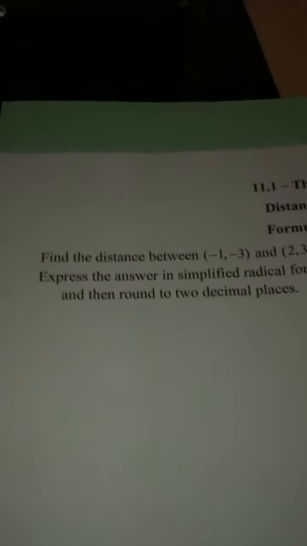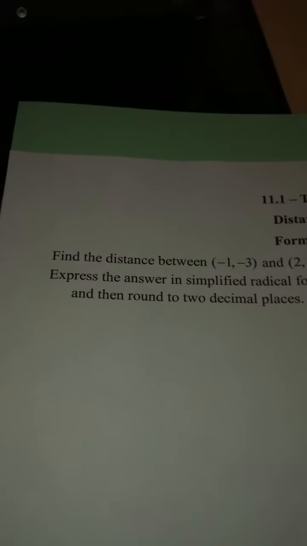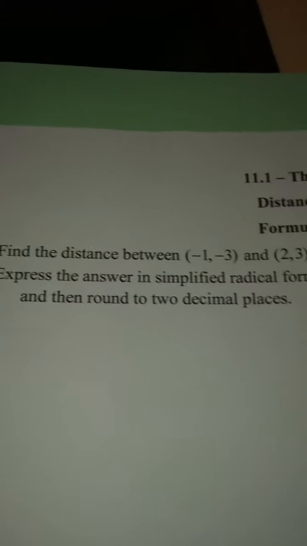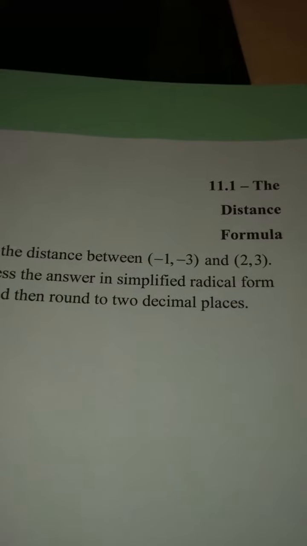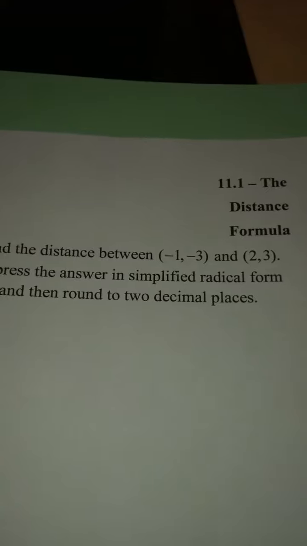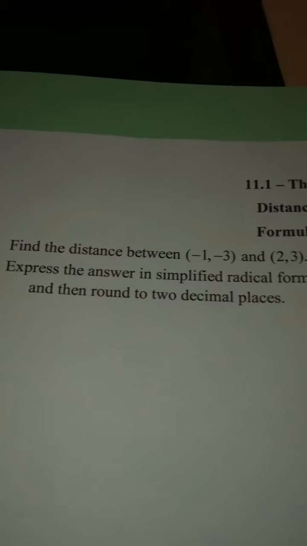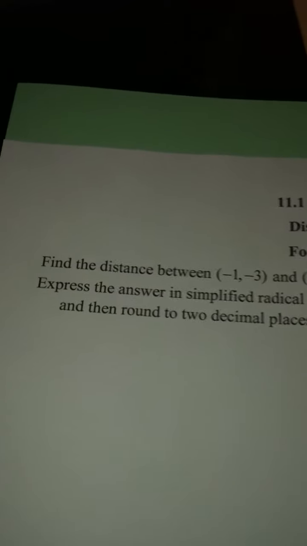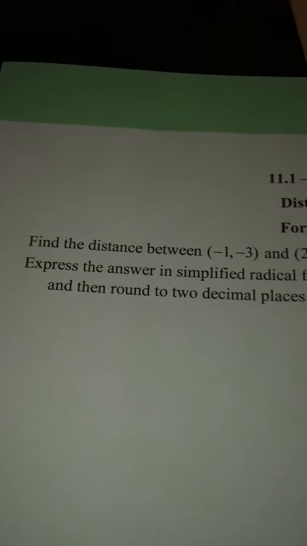And again, let me pan out so you can read the whole question. It says find the distance between -1, -3, and 2, 3. Express the answer in simplified radical form and then round to 2 decimal places. The distance formula is the following.